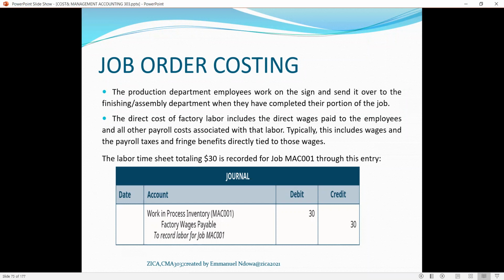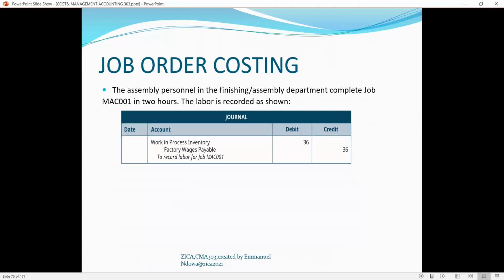We've taken into account our materials, we've got our direct labor, but we now need to come up with a scenario how we are going to transfer our overhead costs in order to come up with the total cost of production.